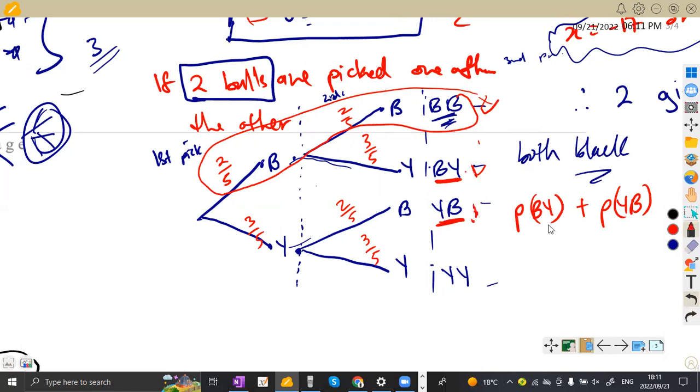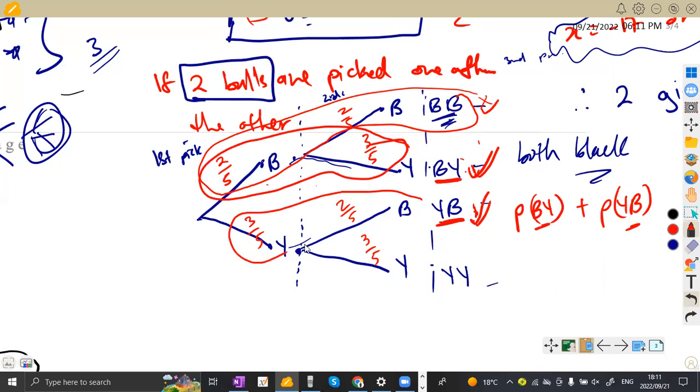But alongside black, yellow, you have to multiply them. You combine them by multiplying. But the different outcomes, we add. Yeah, exactly. So this is how you simply attempt my questions.